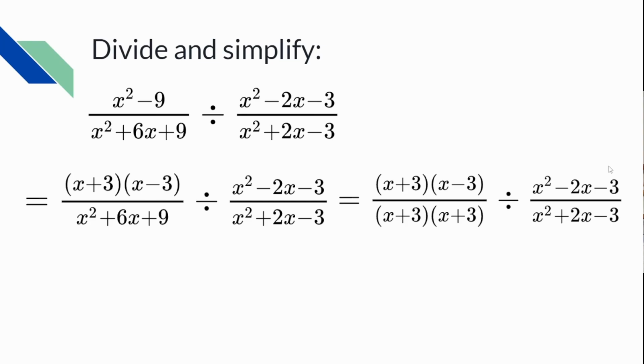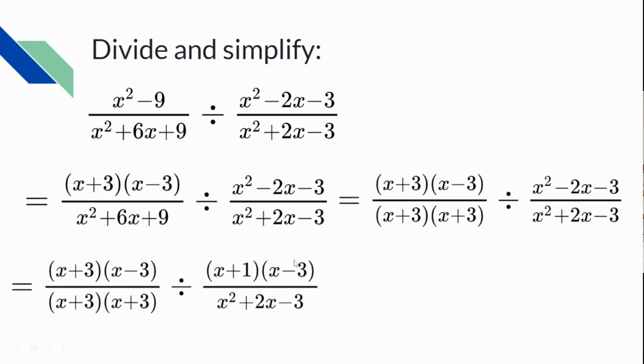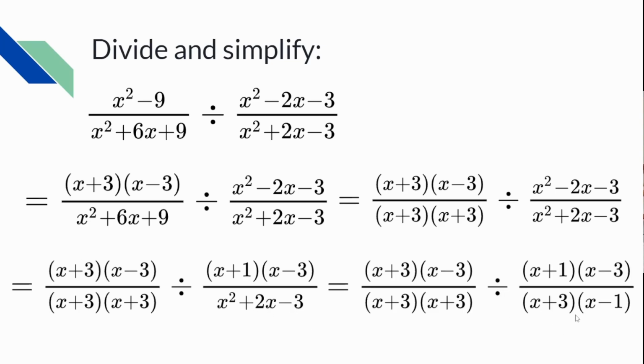And x squared minus 2x minus 3, that can be factored as x plus 1 times x minus 3. All right? And then this bottom right piece can be factored as x plus 3 times x minus 1. All right? Let's take this to the top of the screen.